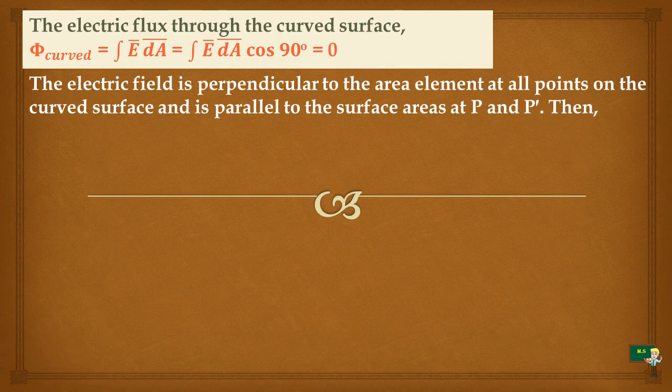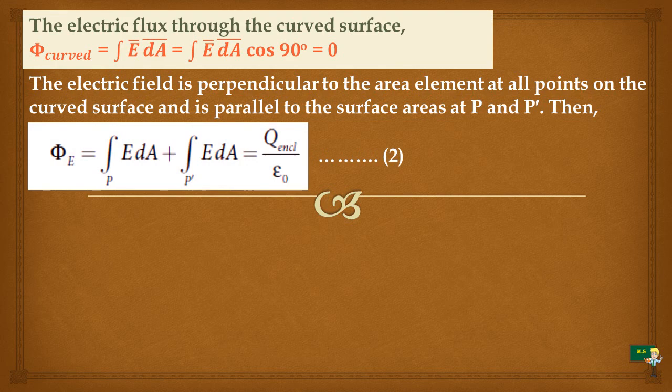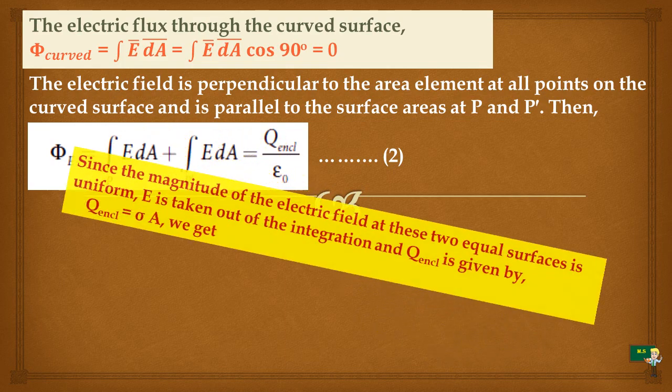The electric field is perpendicular to the area element at all the points on the curved surface and parallel to the surface areas at P and P dash. Then Φ_E is equal to integral over P of E·dA plus integral over P dash of E·dA, which is equal to Q enclosed by ε₀.